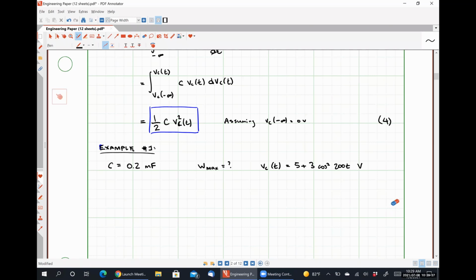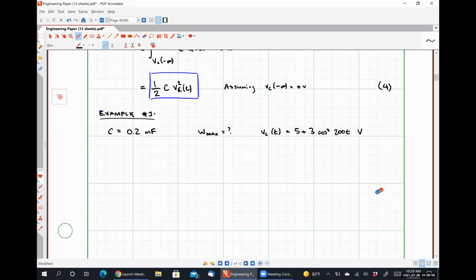So what I mean by that is this isn't our waveform by any stretch of the imagination, but let's say that I had, I'm going to call this VC2 of t. Actually, I'm going to draw it as a picture. So this is time.